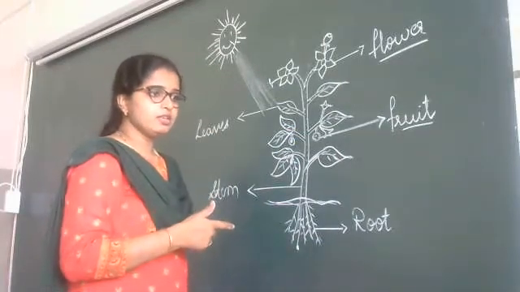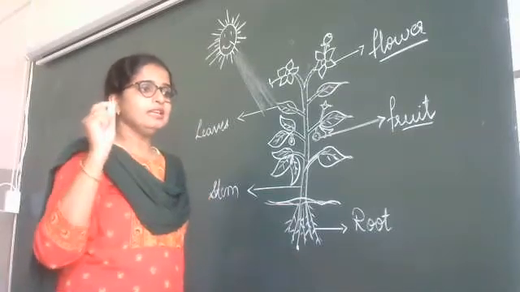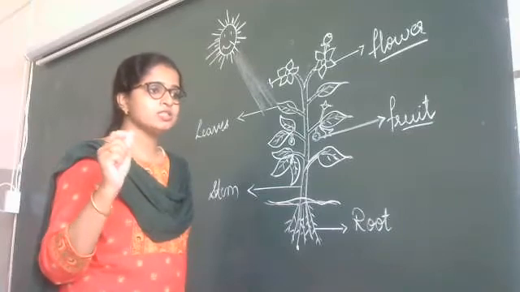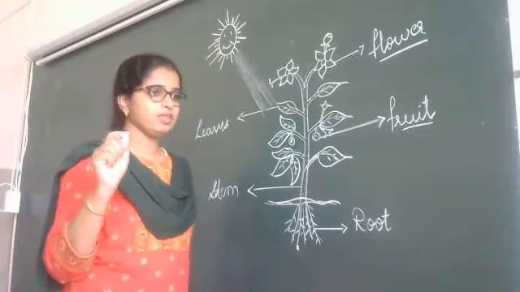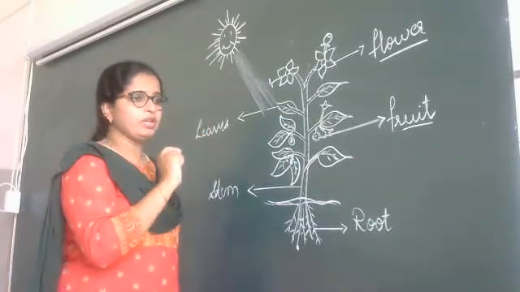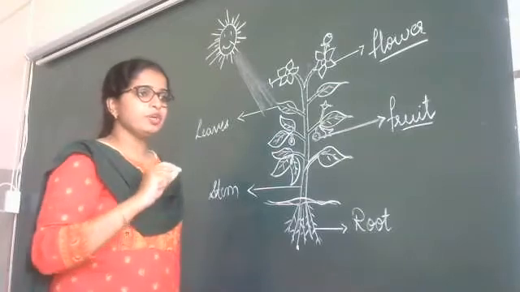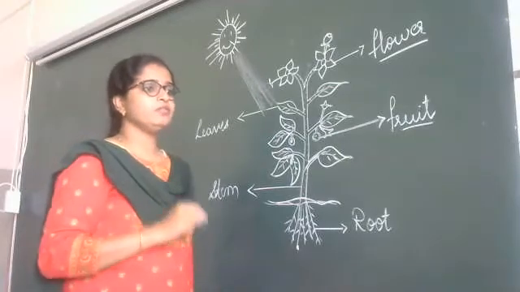I may give this in the exam: draw a picture of a plant and label the important parts of the plant. You have to draw this picture and label the important parts, that is, leaves, stem, root, fruit, and flower.